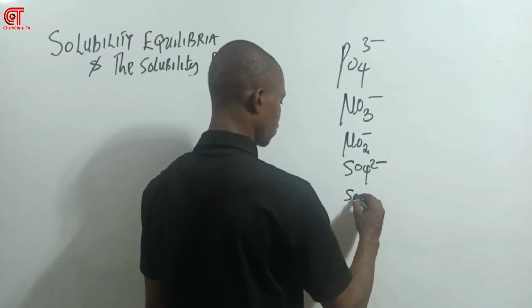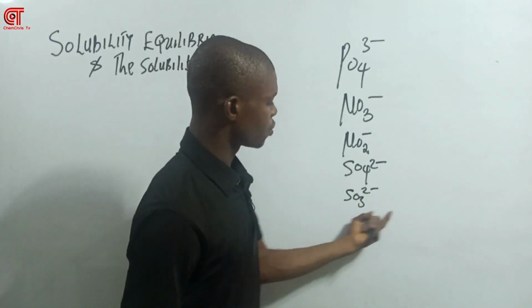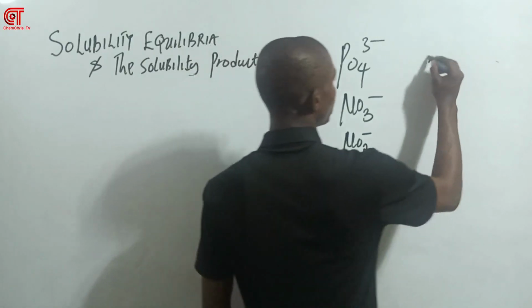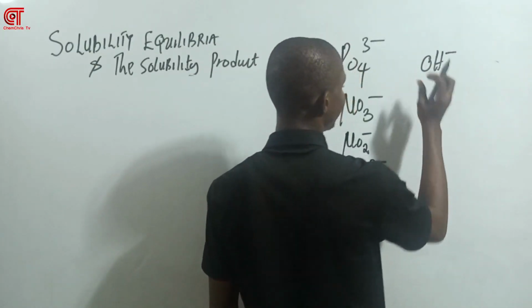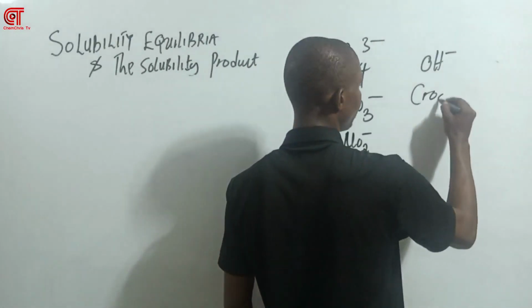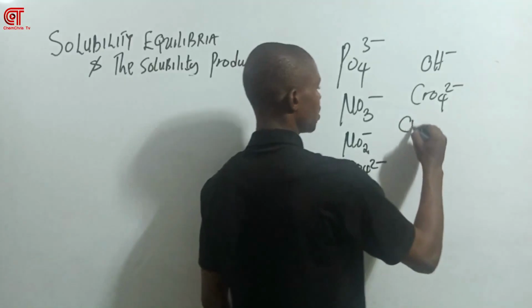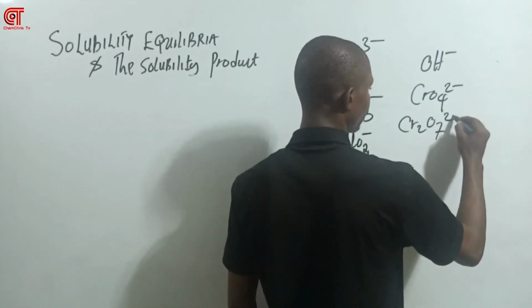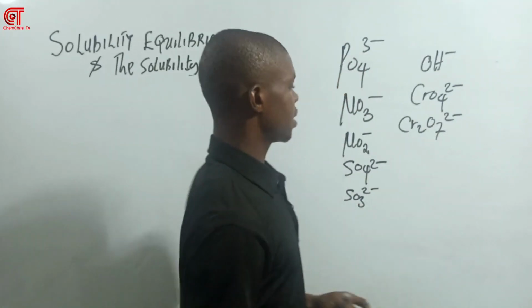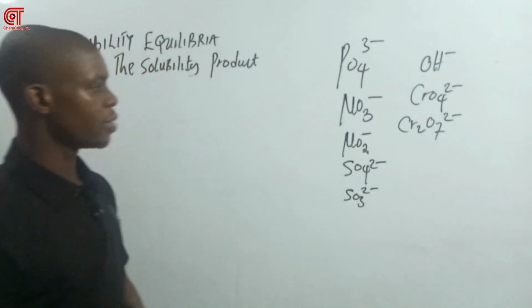We have SO3 2- here we call sulfite. Here we have OH- here we call hydroxide. And we have so many of them. Here we have CrO4 2- chromate. Here we have Cr2O7 2- dichromate. So these are stuff you are actually going to make use of.